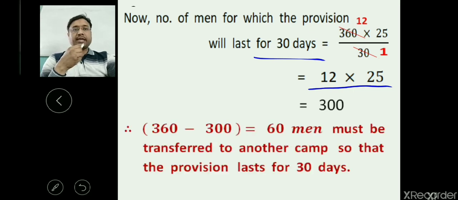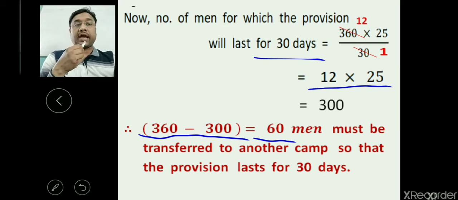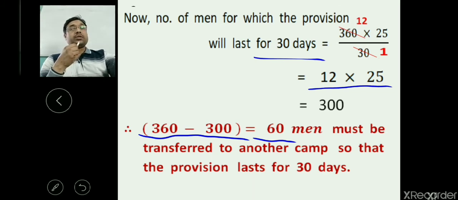So we can say that 360 minus 300, that is 60 men, must be transferred to another camp so that the provision will last for 30 days. Then only it is possible if there are only 300 men. The question is asking only this, how many men must be transferred. So 60 men must be transferred to another camp so that the provision will last 30 days.